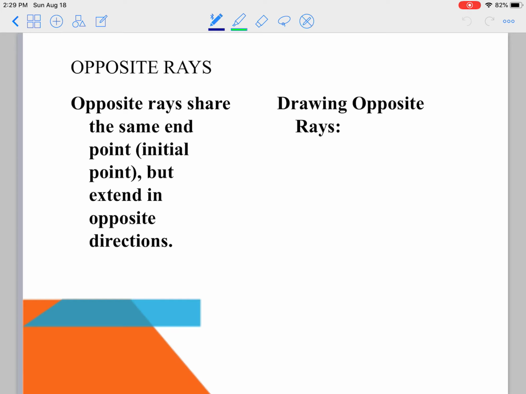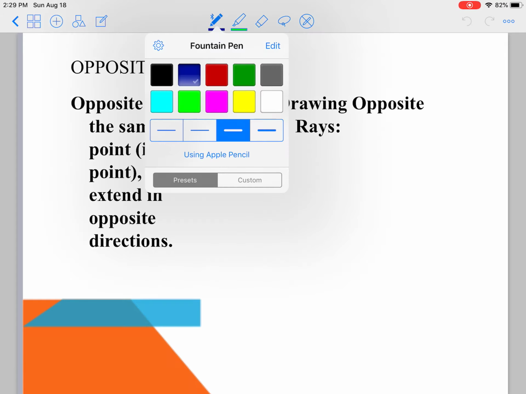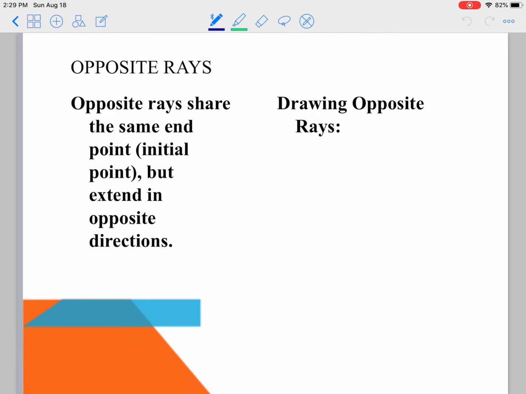Opposite rays. Again, we're working with rays. So if I have a ray, I have a ray moving from an endpoint in the direction of another point. Let's call this CD.